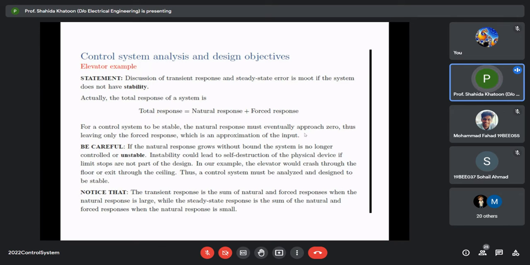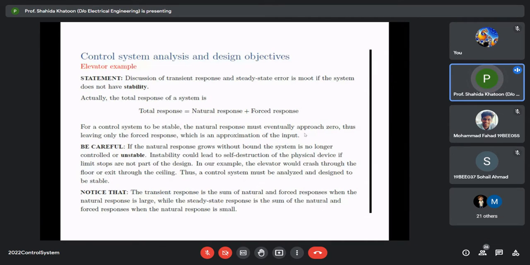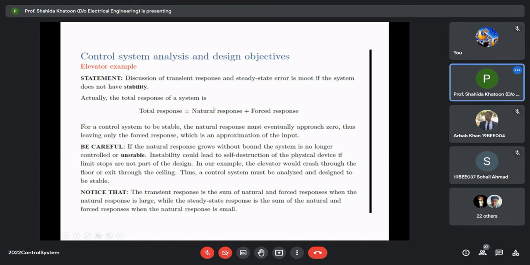So instability could lead to self destruction of the physical device if limit stops are not part of the design. In our example, the elevator would crash through the floor or exit through the ceiling. Thus, a control system must be analyzed and designed to be stable. Notice that the transient response is the sum of natural and forced response when the natural response is large, while the steady state response is the sum of natural and forced response when the natural response is small, right?